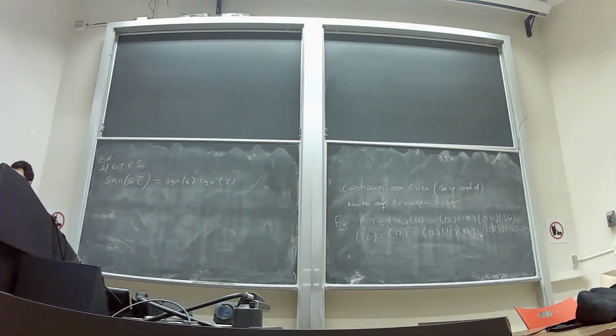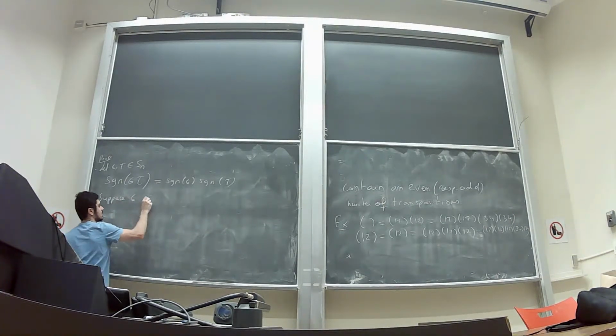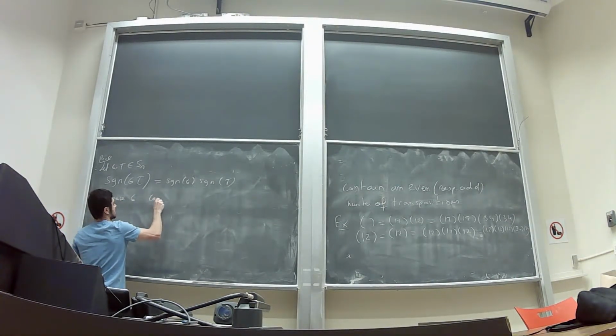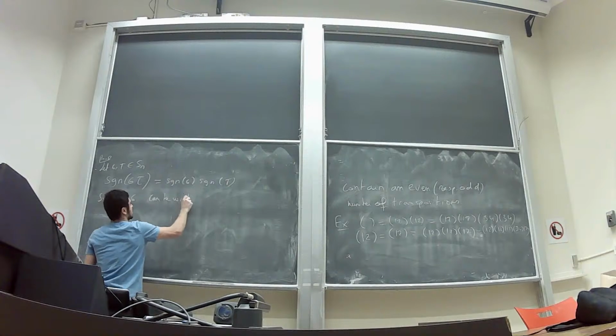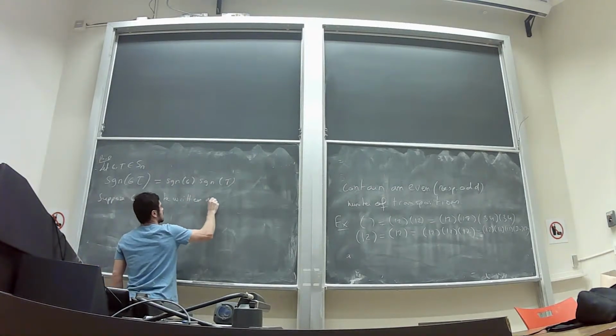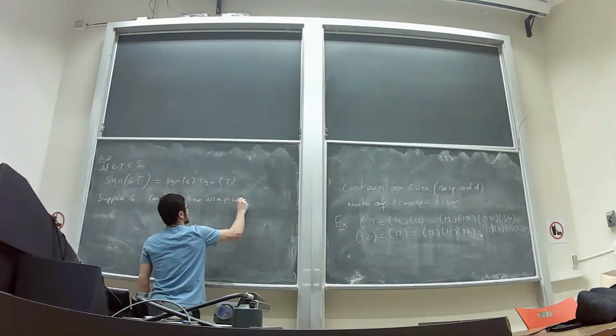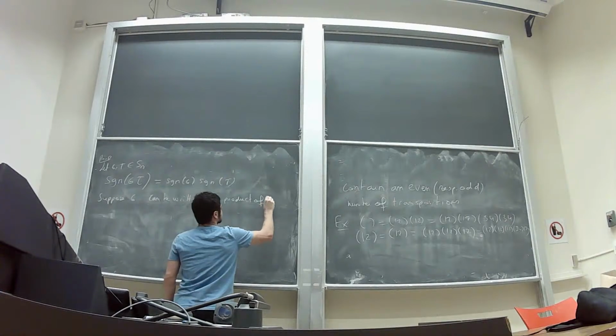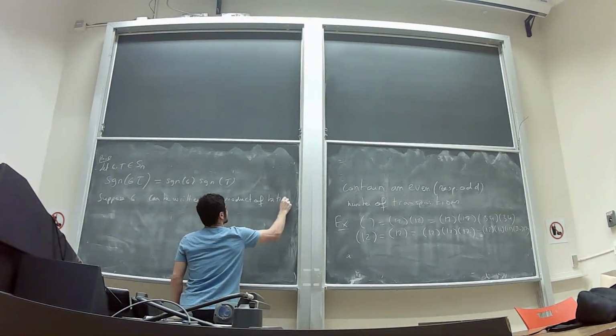Let's prove this. Suppose sigma can be written as a product of k transpositions.